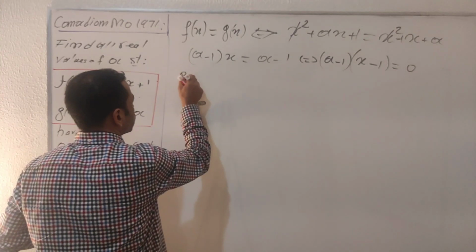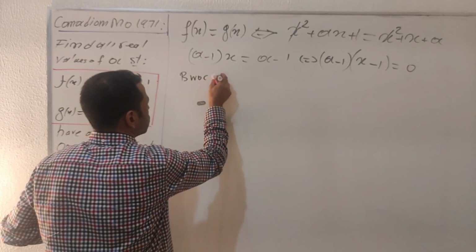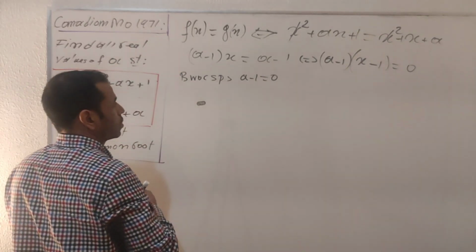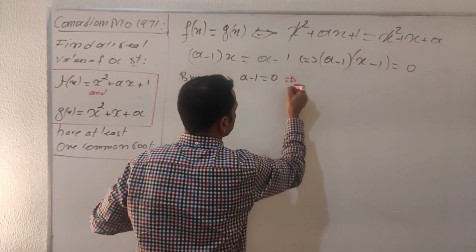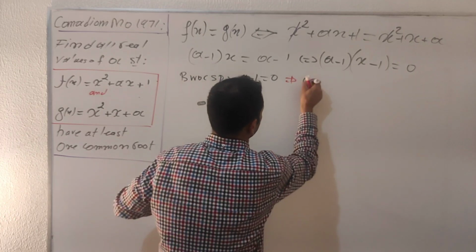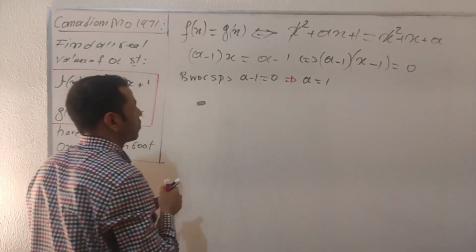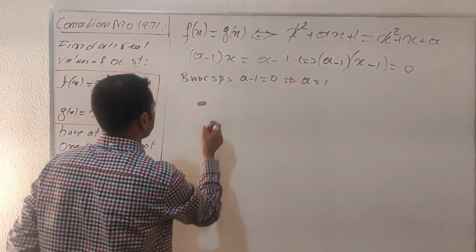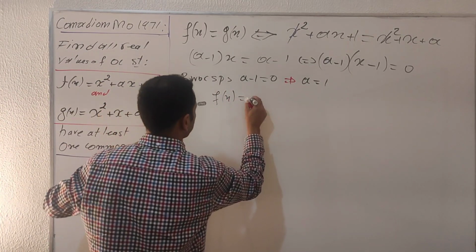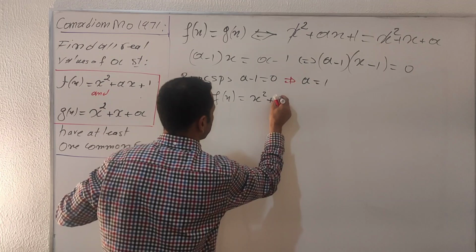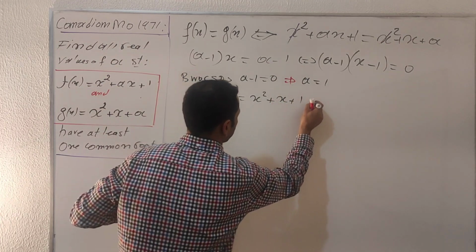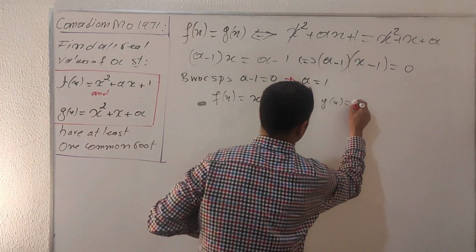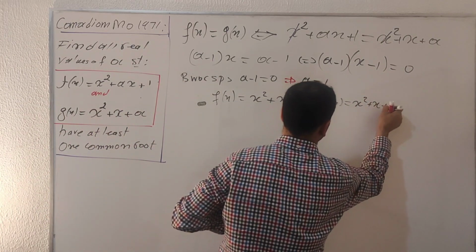By way of contradiction, suppose a minus 1 equals 0, in other words a equals 1. I'm going to take this value of a and insert it in both equations to see what it gives us. f of x equals x squared plus x plus 1, and I get g of x equals x squared plus x plus 1.